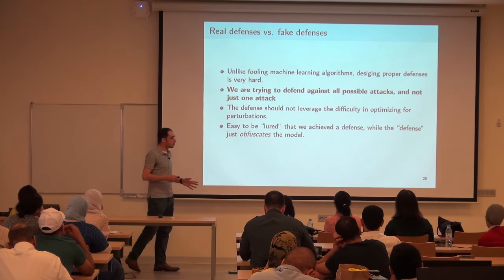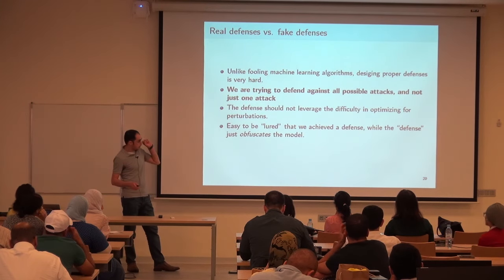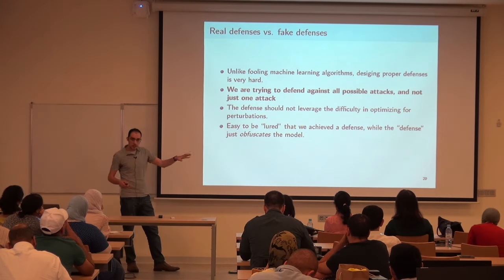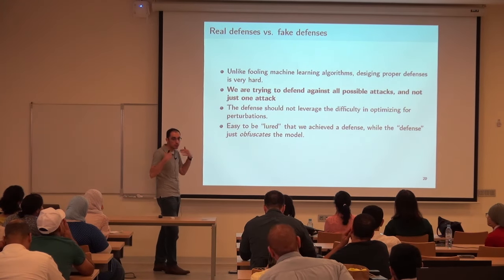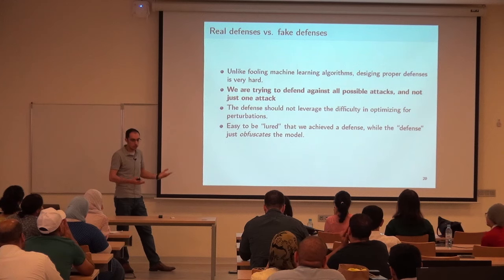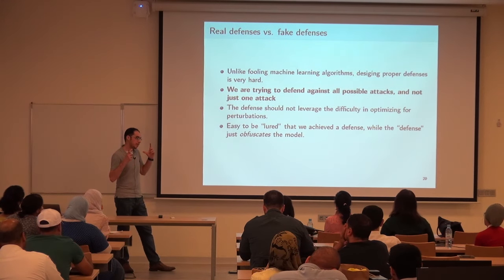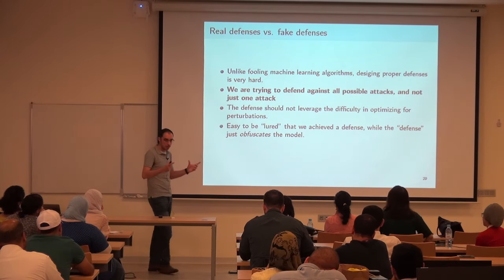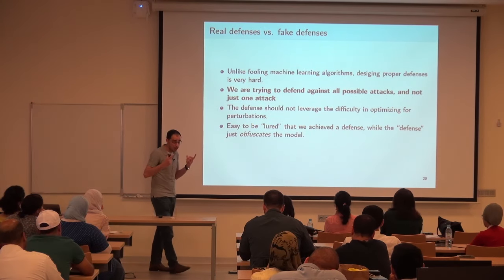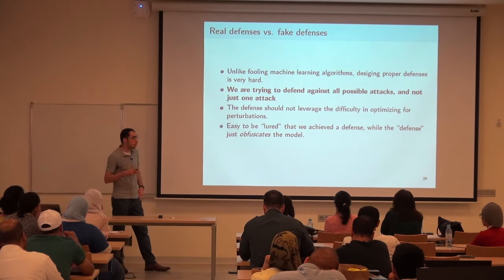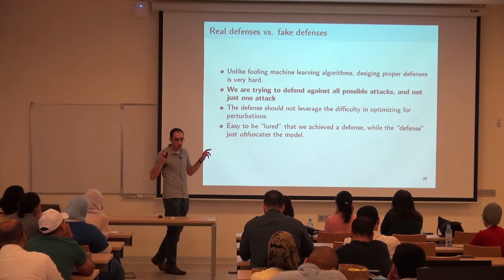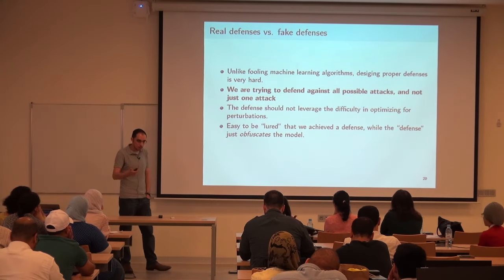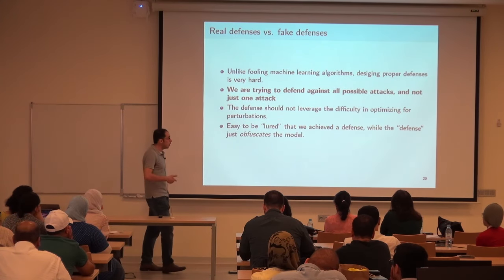You should not think that the attacker is not going to be able to solve this very well, so I'm going to leverage the fact that the optimization itself is difficult. You really need to think that the attacker is someone very smart who is going to design an algorithm to find perturbations in an optimal way. So we don't want to use the optimization difficulty as a proxy to design defenses.